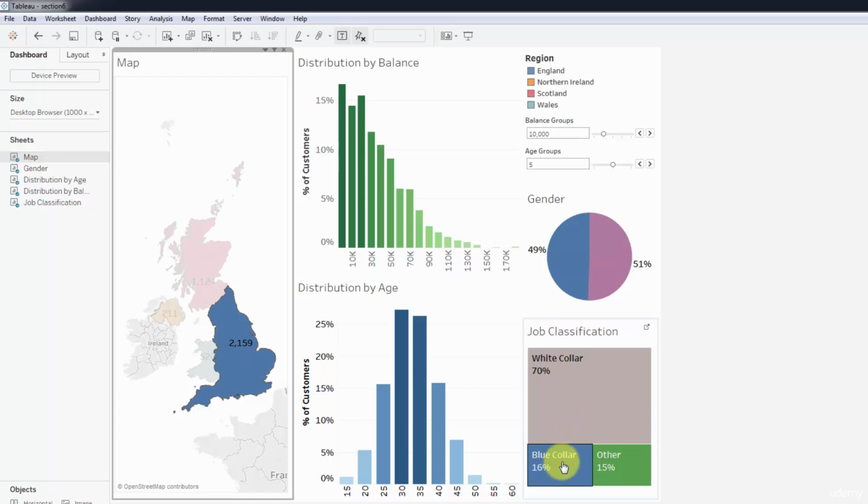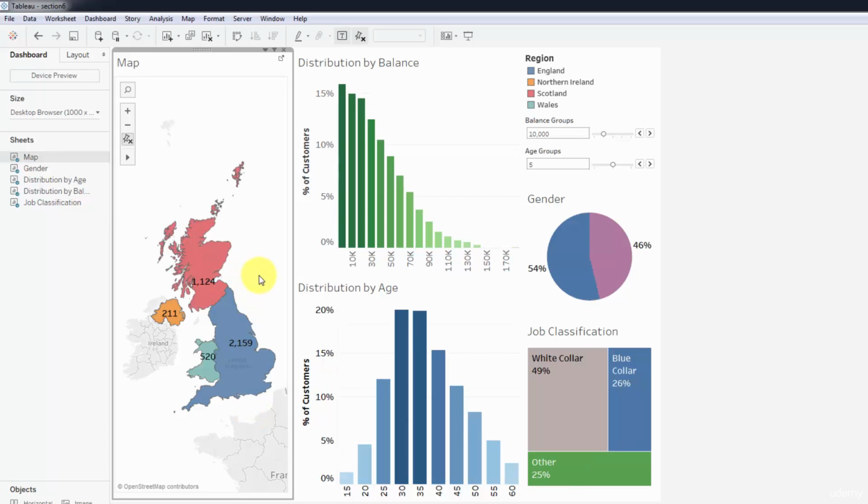That's something you want to convey to the executives, that when they are advertising or working with customers in England, perhaps it's a good idea to take special care of the white collar workers and see how you can tailor the services to their needs in this specific region. So that's what we're going to be focusing on in our storyline, that England is predominantly white collar workers.